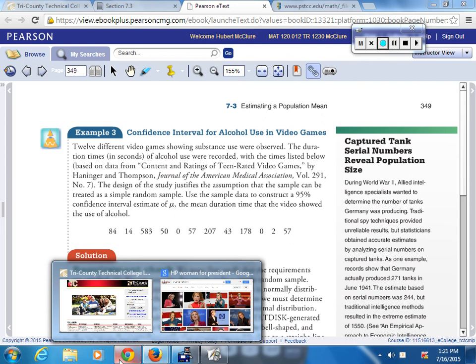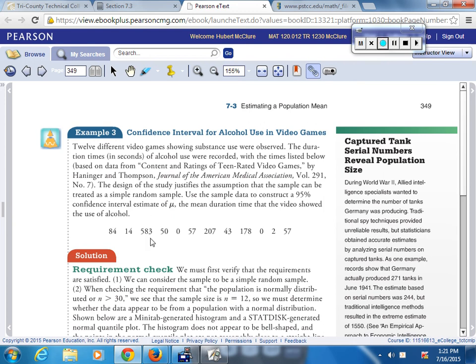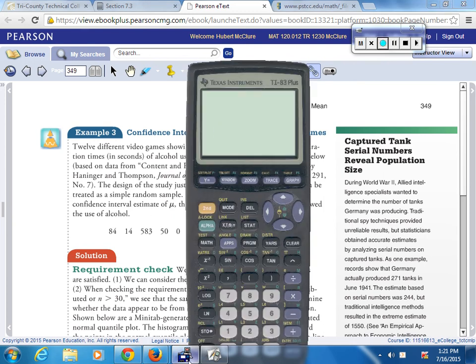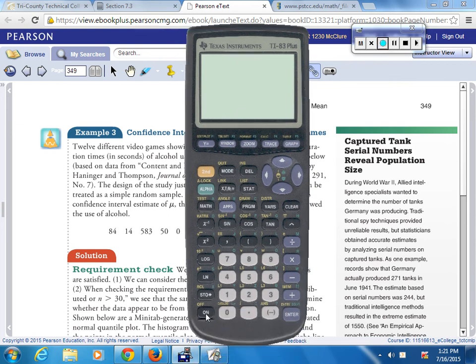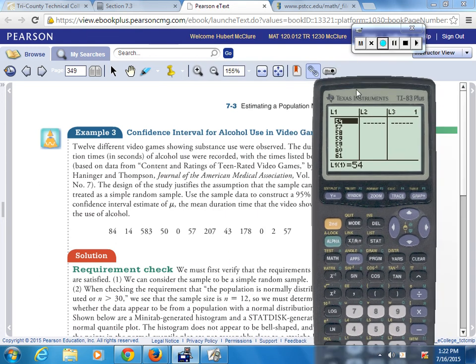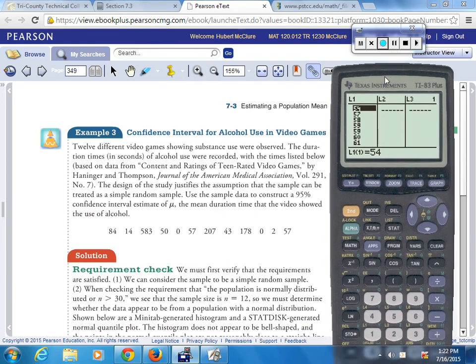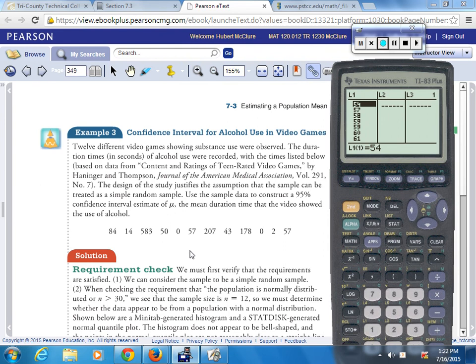All right. Now, these guys right here, let's punch them in. Go to your handy-dandy calculator. Turn it on first. So you don't do this by hand? Yes, you can do it by hand. You'll have to find the mean and standard deviation by hand. Remember we did that in chapter 3?